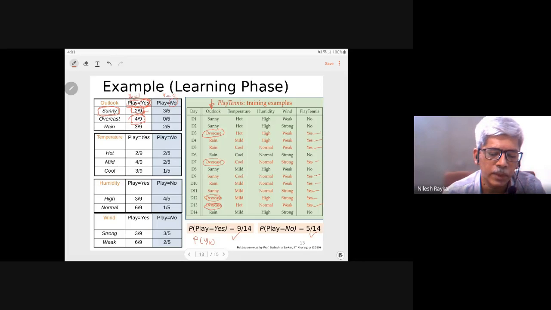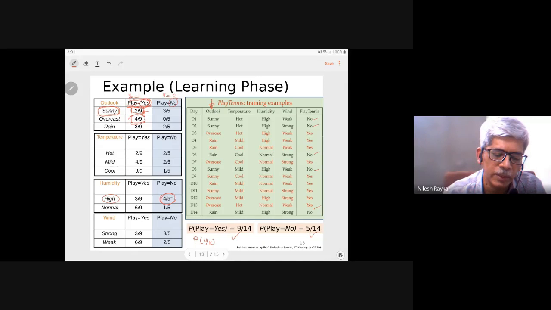We'll take one randomly. Let's say, what is the probability of not playing tennis when humidity is high? We are now looking at not playing tennis, which means that we are looking at the black things or black label things. There are 1, 2, 3, 4, 5, so there are a total of 5 not playing days.